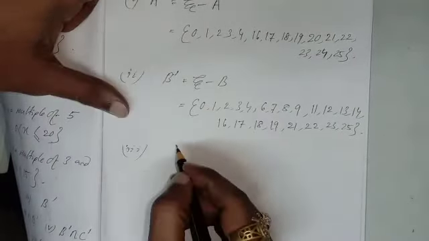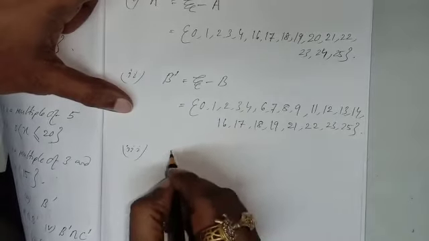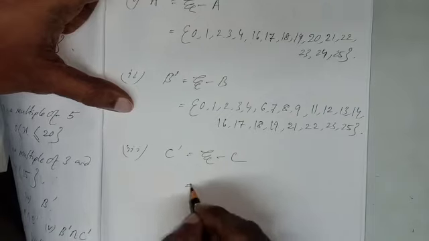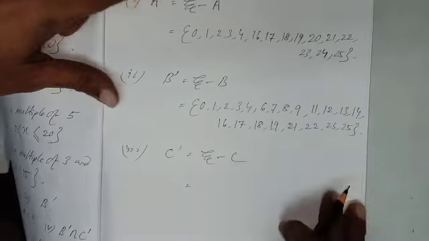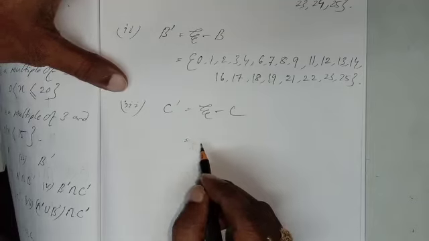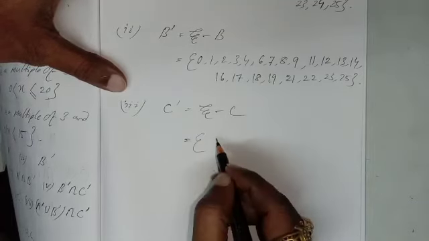Next, third part, they are asking to find C complement, means universal set minus C set. So what are the elements present in C set? That is 3, 6, 9, 12, 15. You have to omit them from the universal set. Remaining part you write.